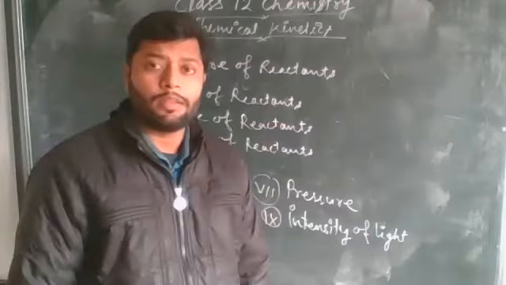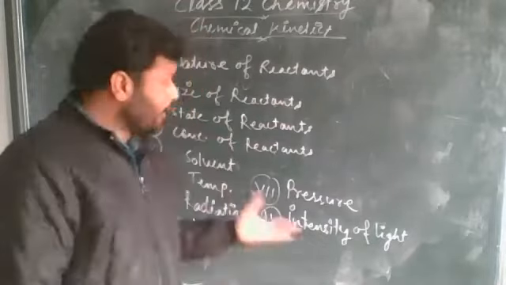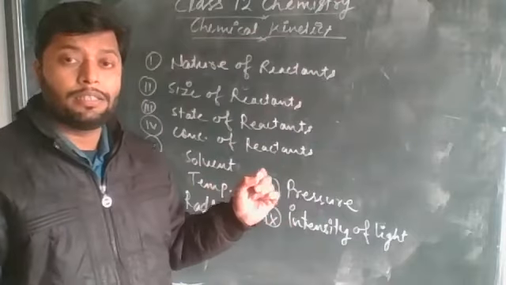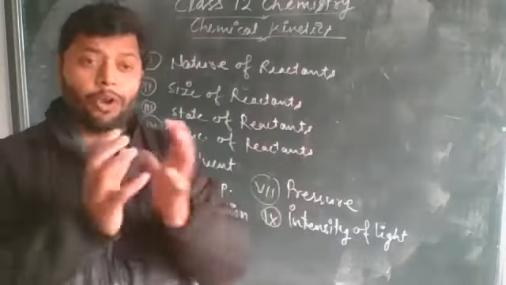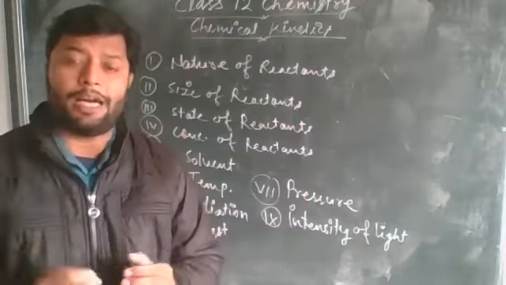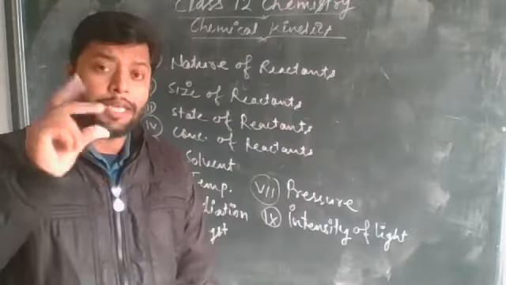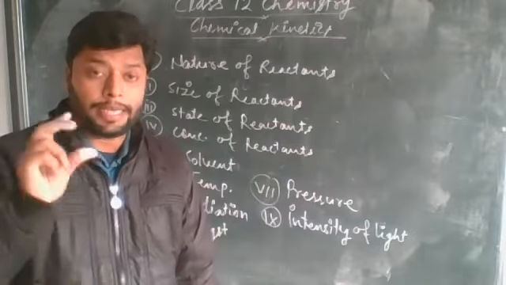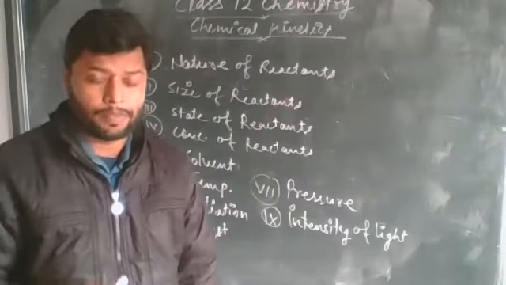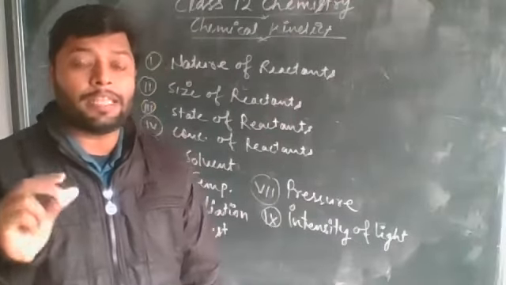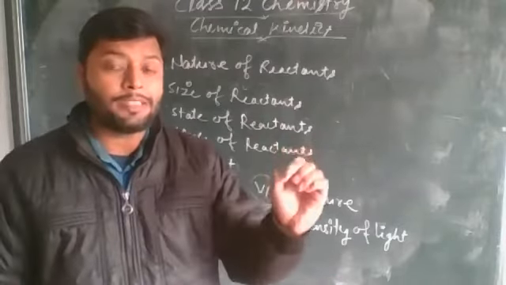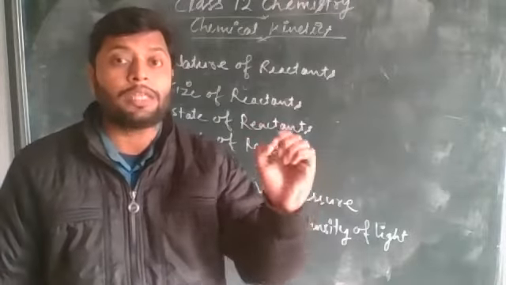Temperature. Class, as we discussed in most of the process, the temperature decides the frequency of collision. It is believed, from many experimental data, that with an increase of 10 degrees in temperature, the rate of reaction becomes nearly double, and it can be explained on the basis of the Maxwell-Boltzmann frequency distribution curve.